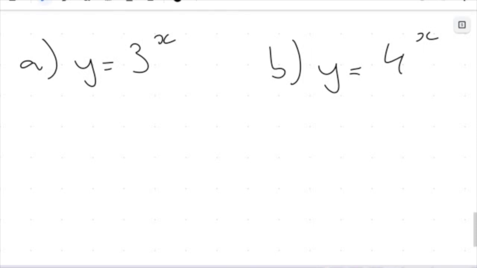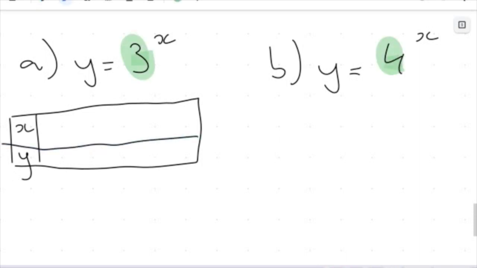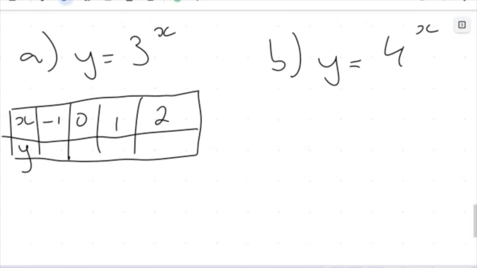Now you can pause this video and have a go at making a table of values if you'd like, but I'm just going to do this so we can observe some of the effects we see when we change this number to a larger number. So let's look at, for example, x is -1, 0, 1, and 2. When x equals -1, substituting that in, we get 3 to the power of -1.